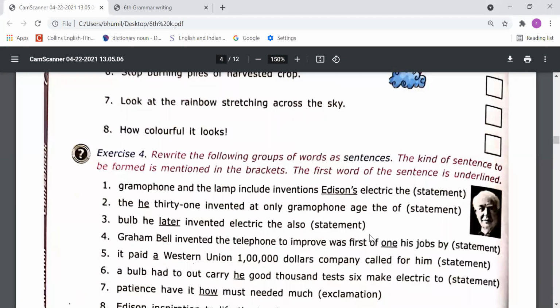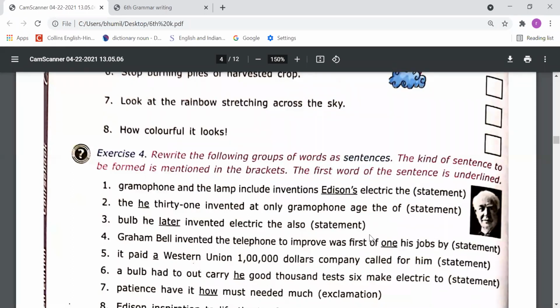Now let's come to exercise number 4. Rewrite the following groups of words as sentences. The kind of sentence to be formed is mentioned in the brackets. The first word of the sentence is underlined.